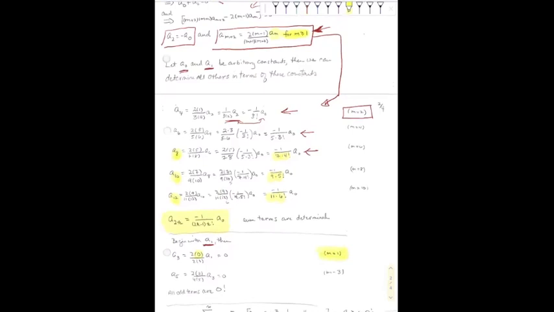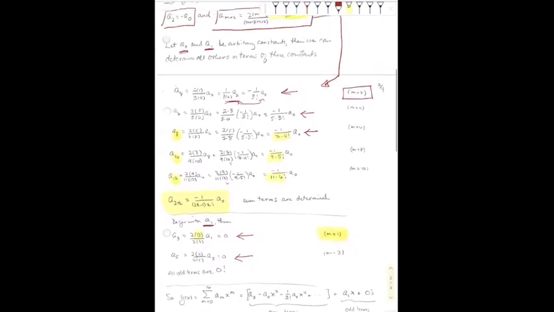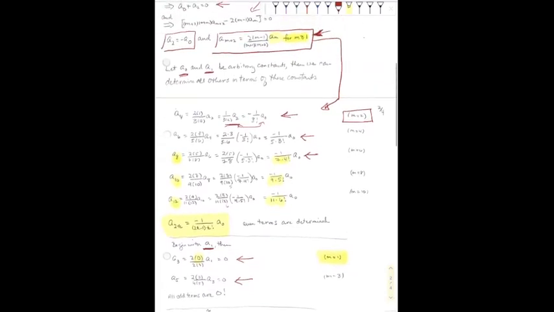That means that A3 is equal to 0. It also means that once I get that 0, the next one in line, A5, is equal to 0, and so forth. So in this case, all the odd terms are actually equal to 0. That's nice. That means that I only have to deal with the even terms of my series.